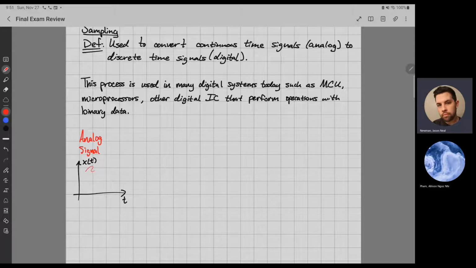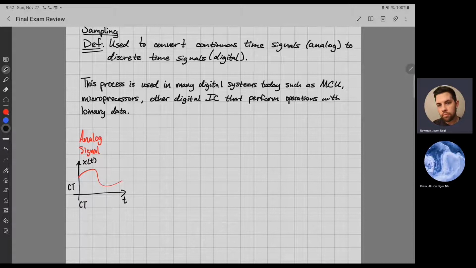And then let's draw just a random signal. That was terrible. Let's do that. One thing we should note about this analog signal, this random signal I drew, is that it is in continuous time on the x-axis and continuous on the y-axis.